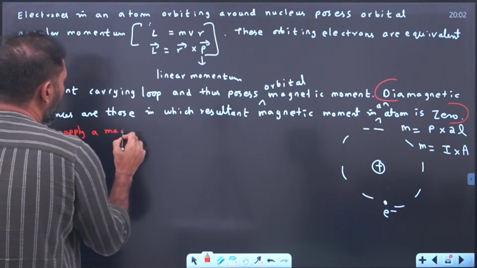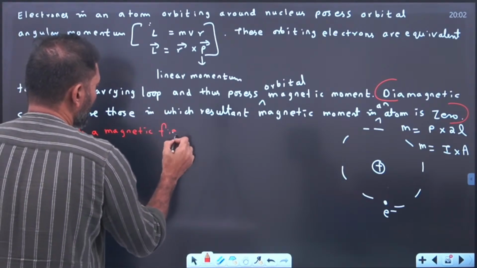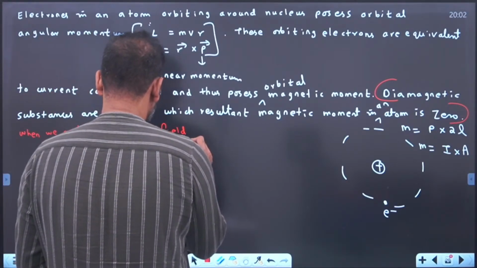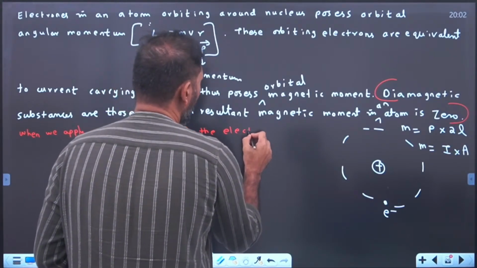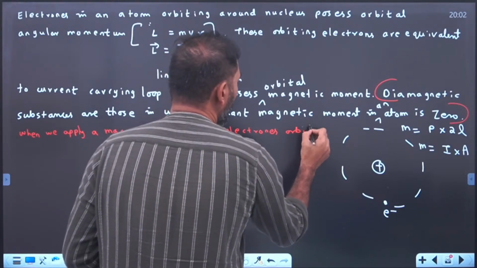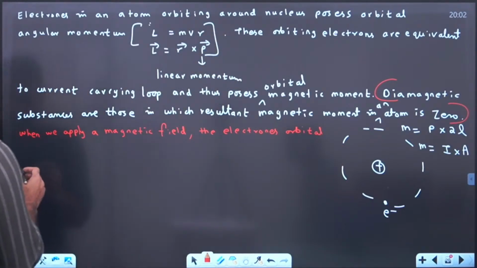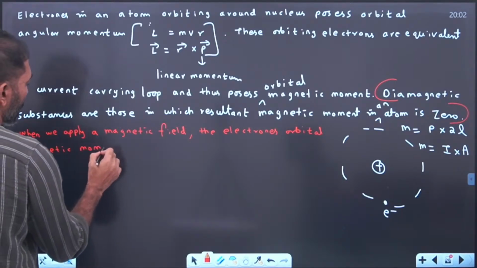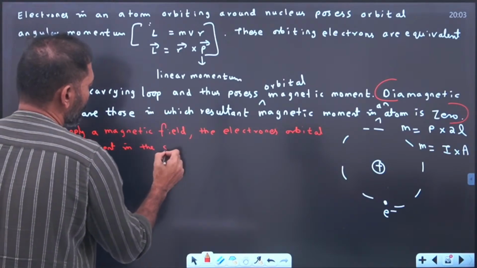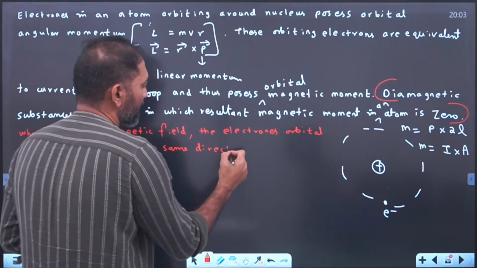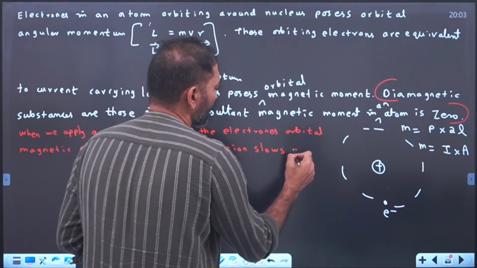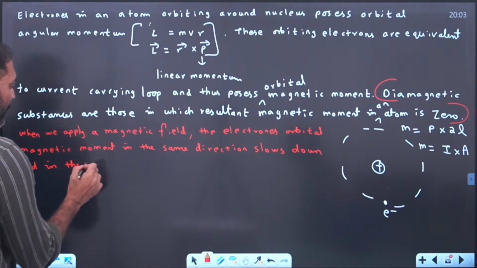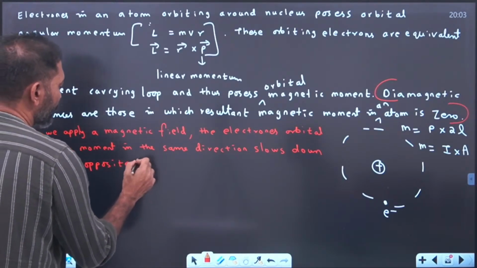When we apply a magnetic field, the electrons having orbital magnetic moment in the same direction slow down, and in the opposite direction speed up.